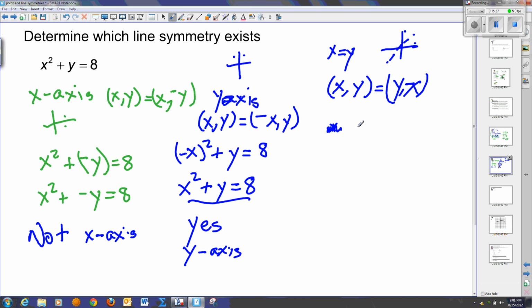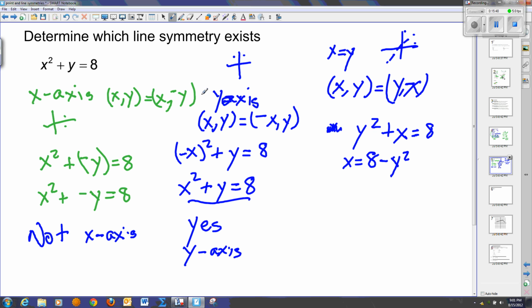X squared now becomes y squared. Y becomes x. And clearly, you can see that these will never be the same, because here I have x equals 8 minus y squared.